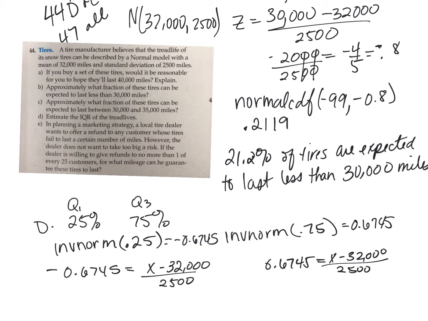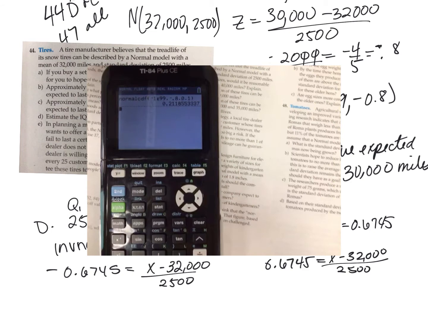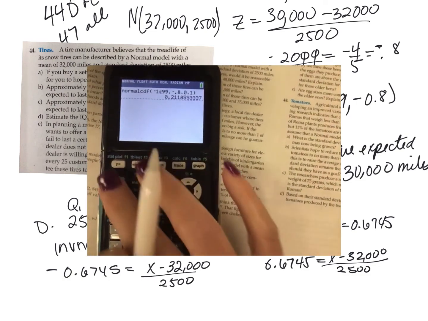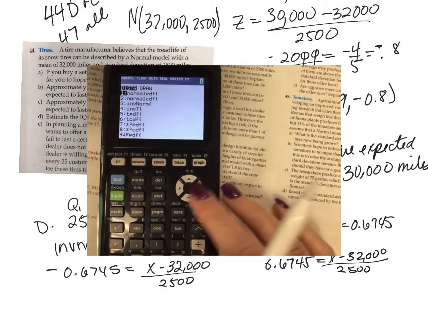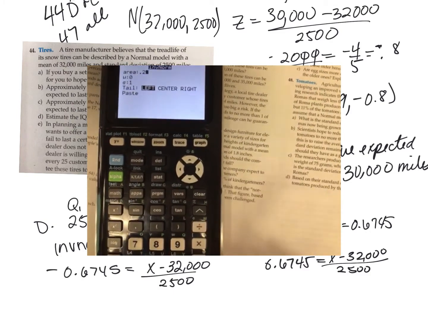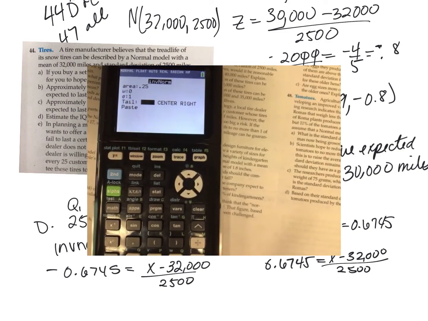So for the calculator, I'm going to do second distribution, inverse norm. Remember, I'm always going to do the left, so I'm going to put 0.25 in.